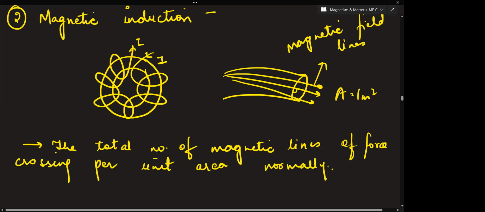I hope you have understood. The SI unit is Tesla, for the magnetizing field also, and for the magnetic field also.